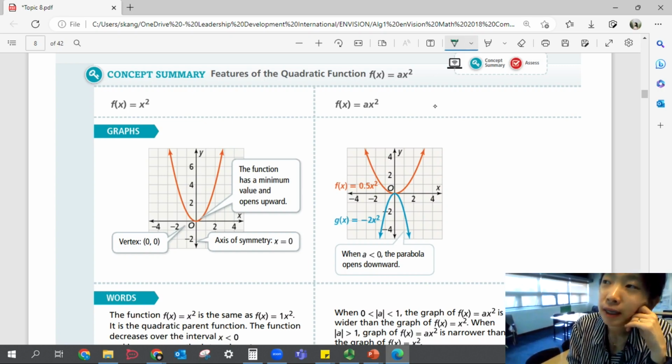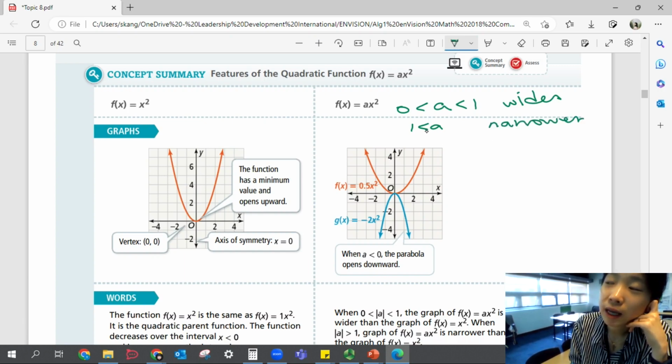So when a is greater than 0, less than 1, it gets wider. When a is greater than 1, then it gets narrower.